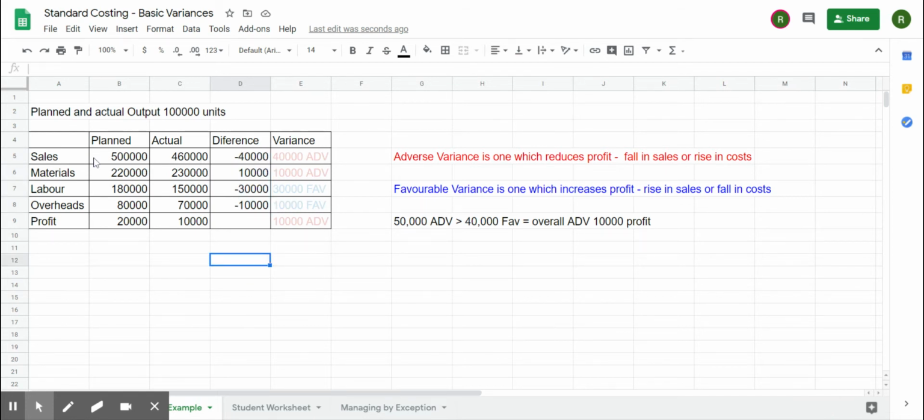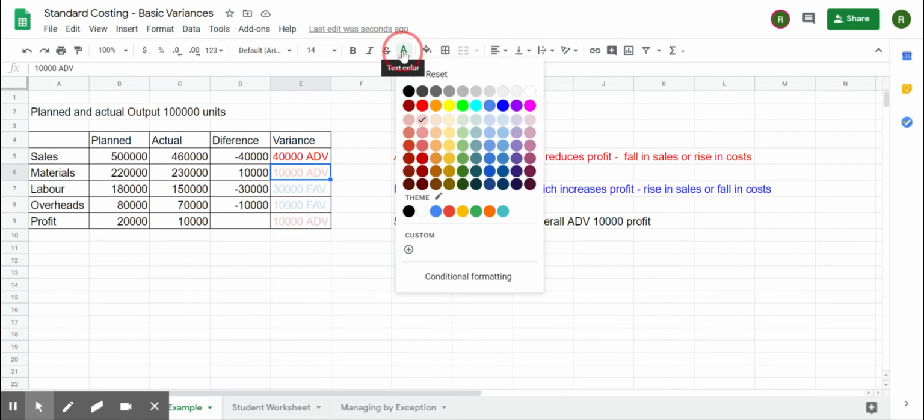Now, in terms of sales decreasing, we described that as an adverse variance. And the reason why we'd say it was an adverse variance, reducing our sales is going to help to reduce our profit. So an adverse variance is one which reduces profit. So it's either a fall in sales, or if you look at the materials, here the materials have gone up in cost.